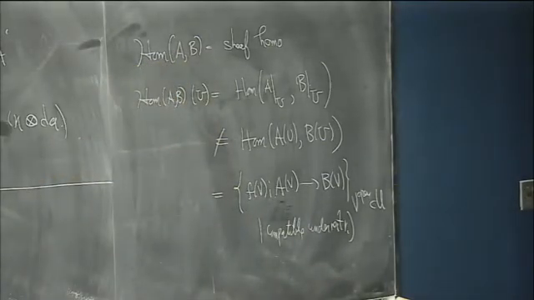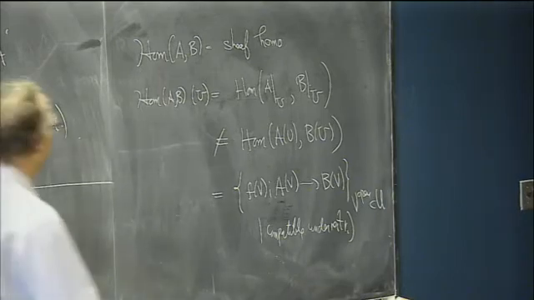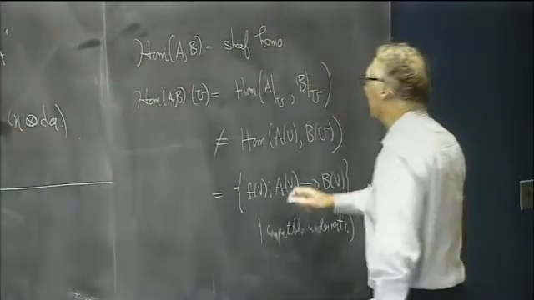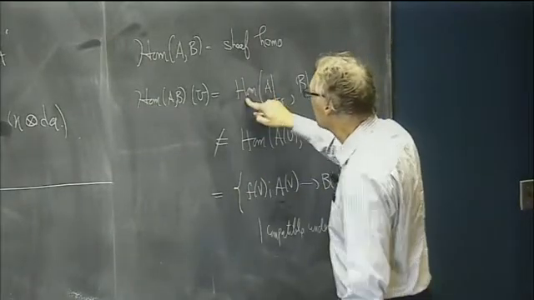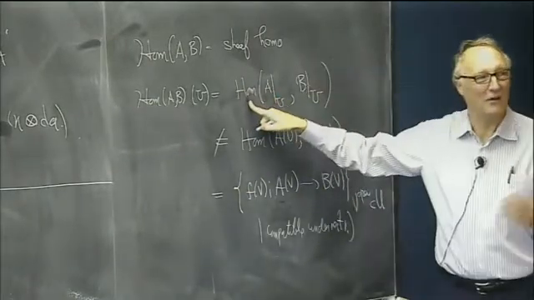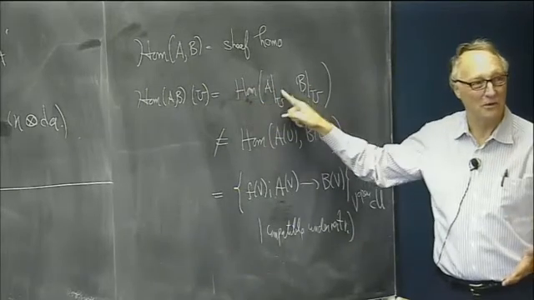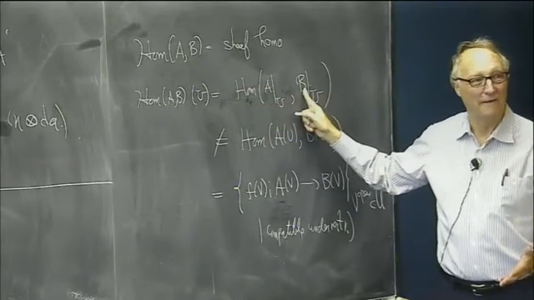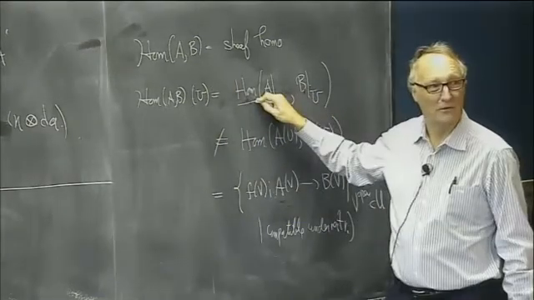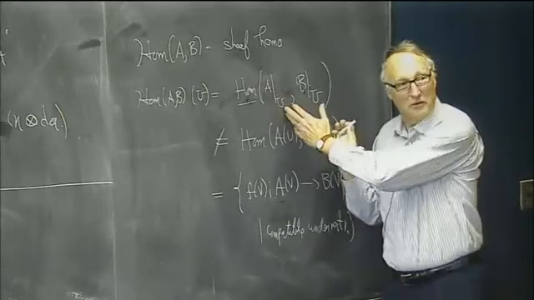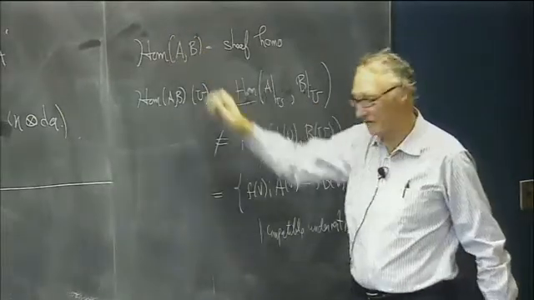I thought you were giving the definition of the sheaf Hom. Is this a circular definition? No, no. There's a script H in the Hom on the left. So this is the morphisms in the category of sheaves over U between these two sheaves. So this is global homomorphisms, but only over U. And this is the sheaf homomorphism.